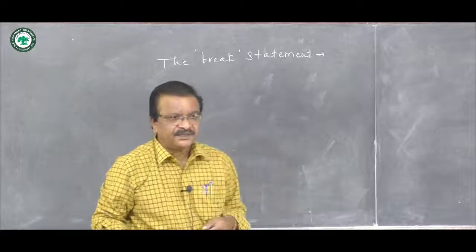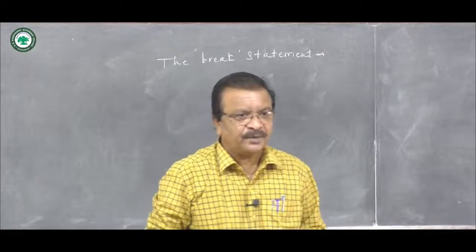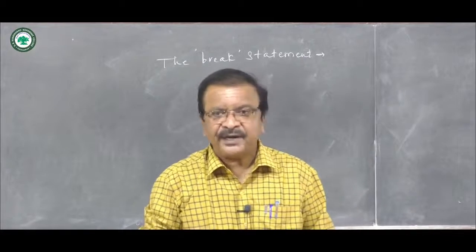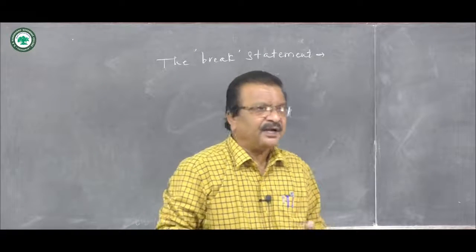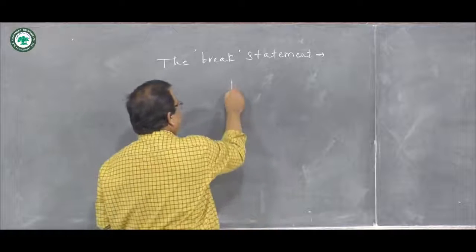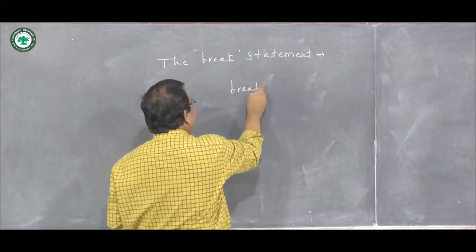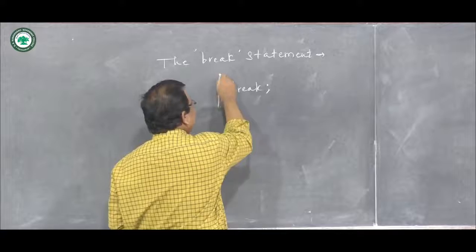Break statement is used to terminate a loop or to provide exit from a switch statement. And the general form, the way it is used, is break followed by semicolon.